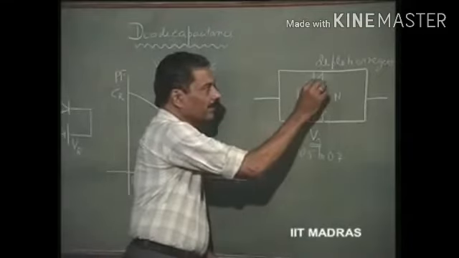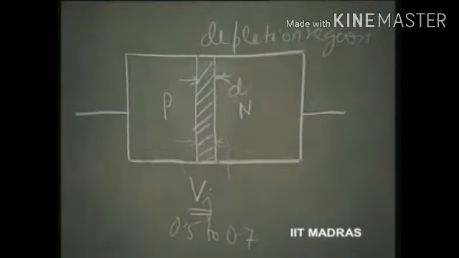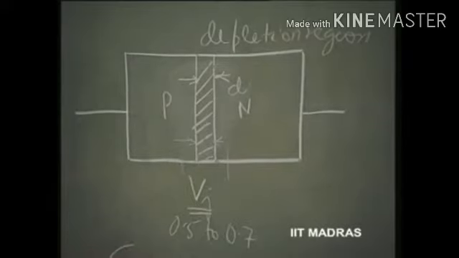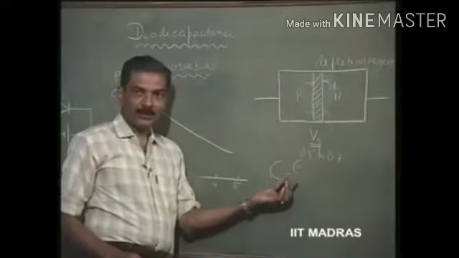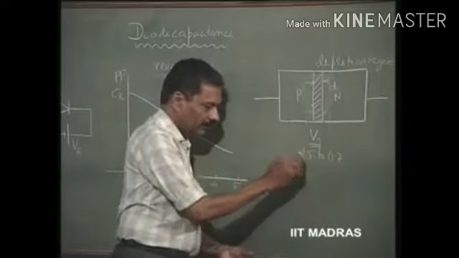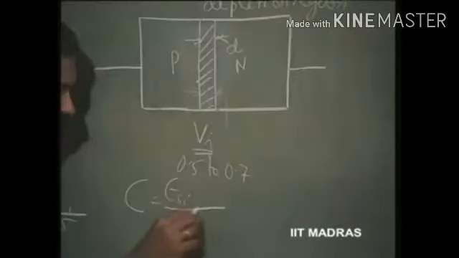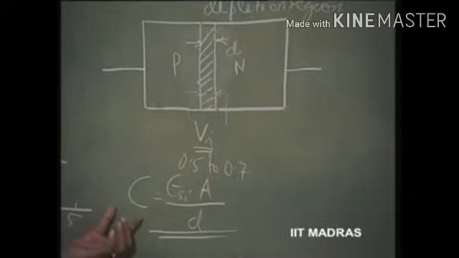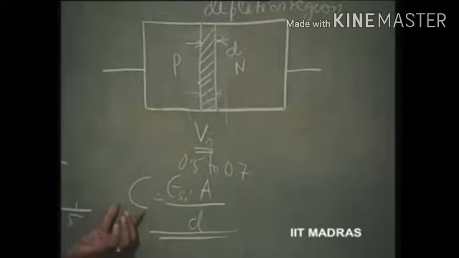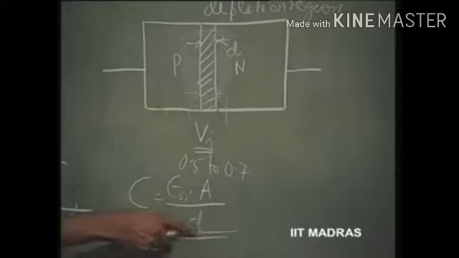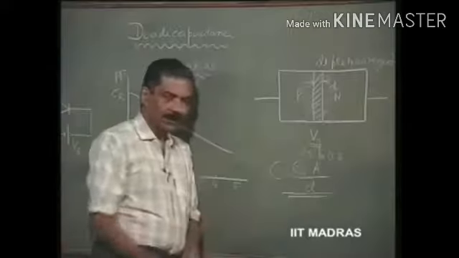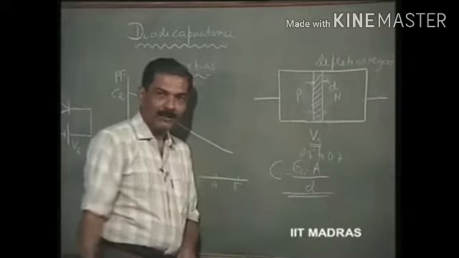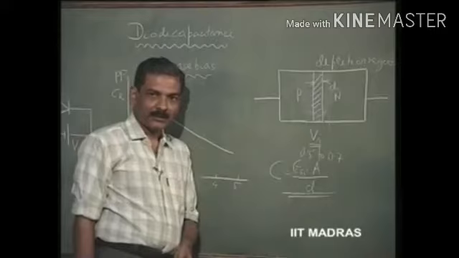So, if the depletion layer width is, let us say, d, then the capacitance is epsilon, where epsilon corresponds to that of silicon, divided by d, into area. The normal way parallel plate capacitance is defined is with the distance between the parallel plates, d, coming in the denominator, epsilon, into the area of the capacitance plates.